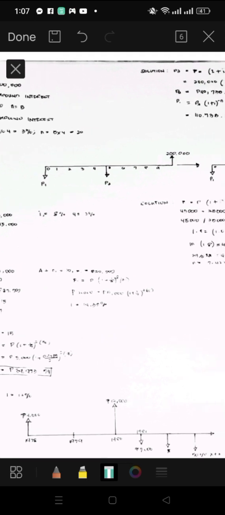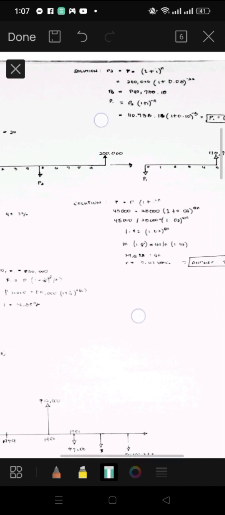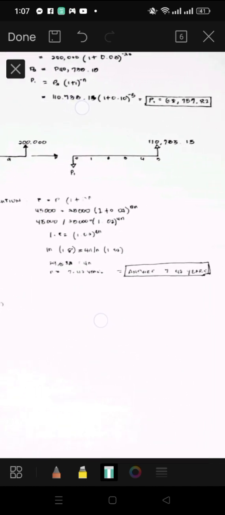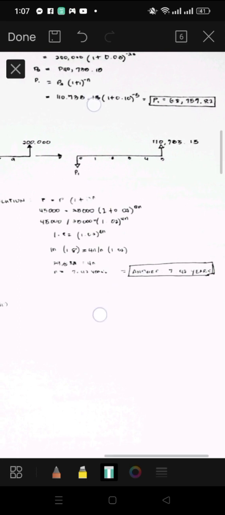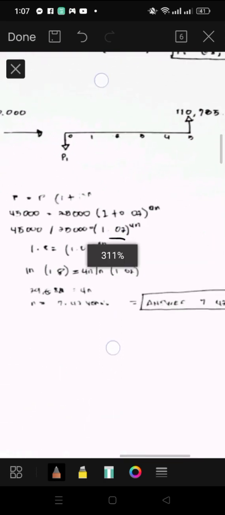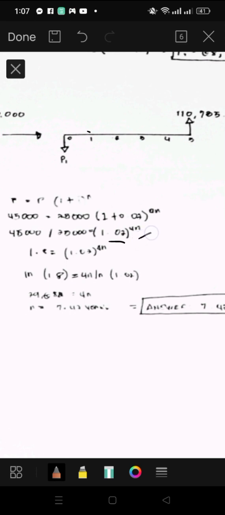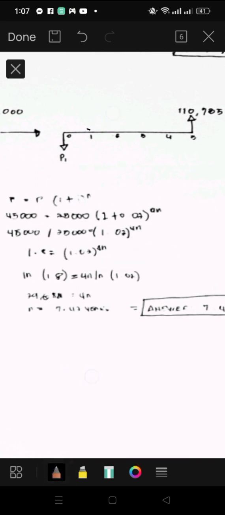So 45,000 is equal to 25,000 multiplied by the quantity of 1 plus 0.02 raised to the power of 4n. In order to solve for n, let's use the calculator technique.